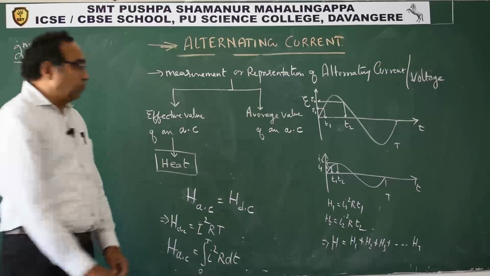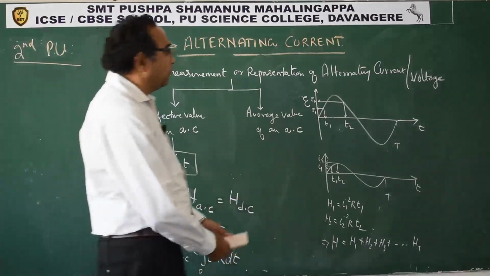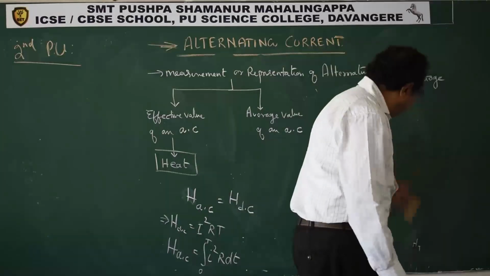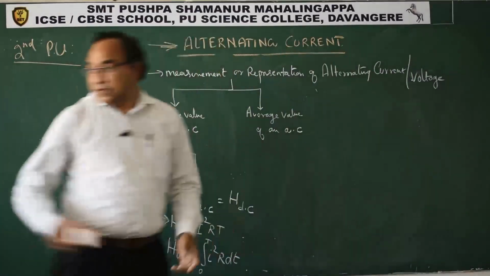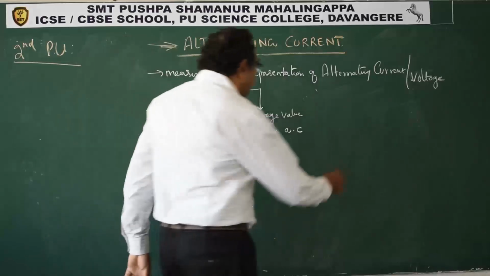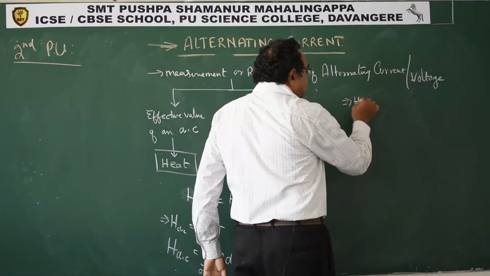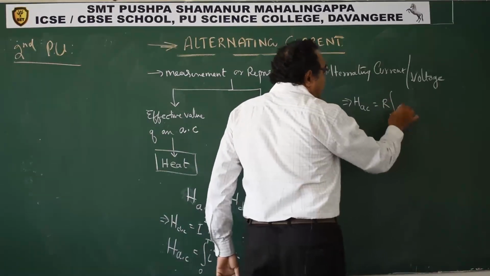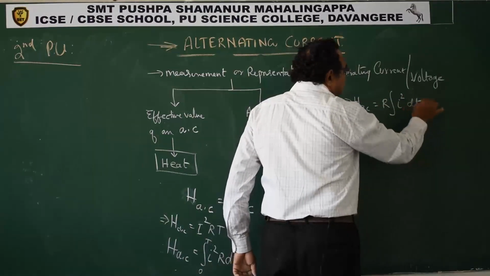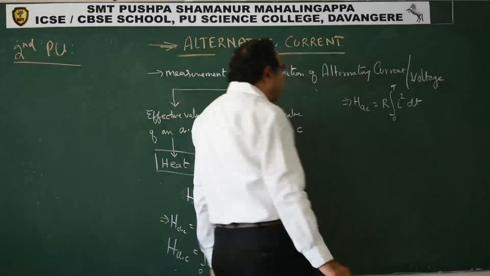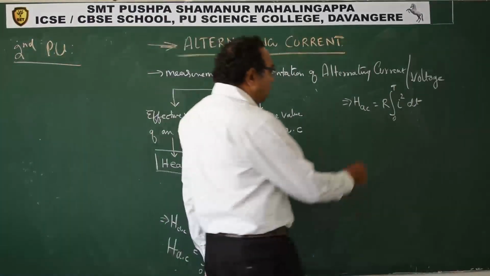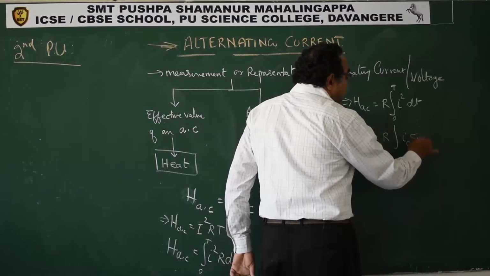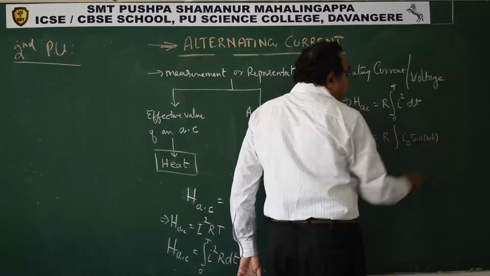Now let us try to evaluate these two. To evaluate these two, we must know what integration is, right? So here H_AC is R, I'll take I square outside, and we have dt from 0 to t. Now what is I? We know I is I naught sine of omega t.